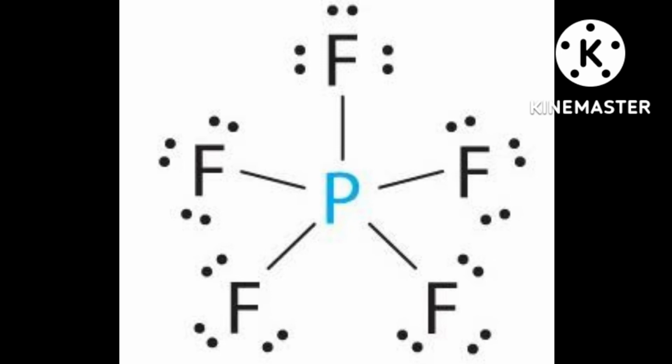Now on nitrogen only 1 electron is remaining, and on oxygen 6 electrons. Due to this creation of positive and negative charge, an attractive force will develop and the molecule will exist.